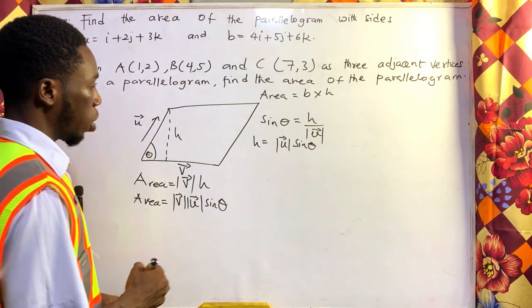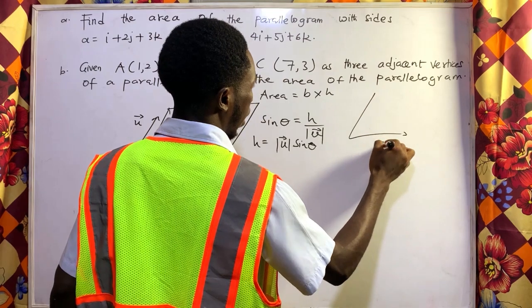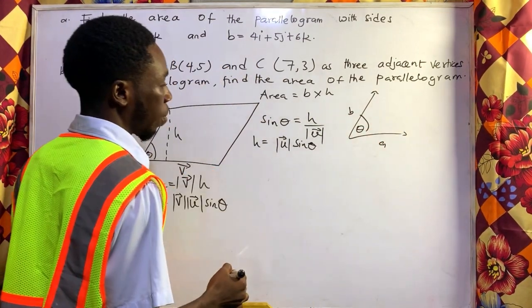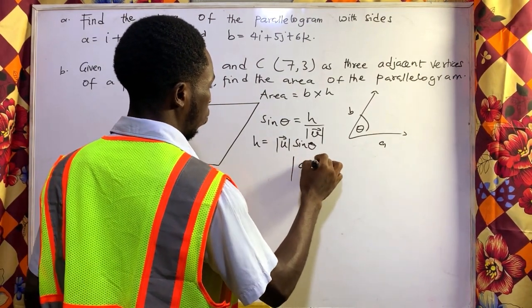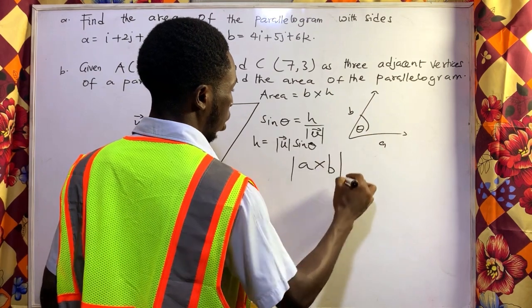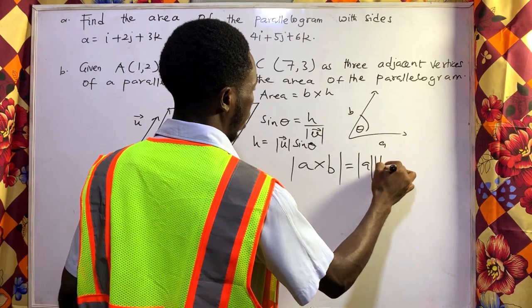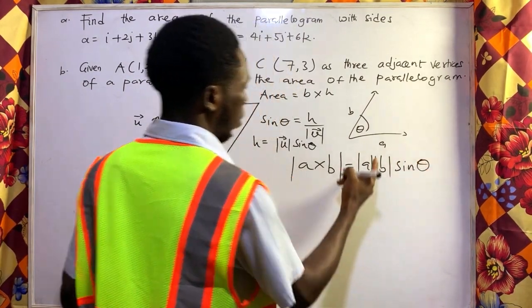But from the cross product, if I have two vectors, let's say vector A and vector B, and the angle between them is theta, then the magnitude of their cross product is equal to the magnitude of vector A multiplied by the magnitude of vector B multiplied by sine of the angle between these two vectors.